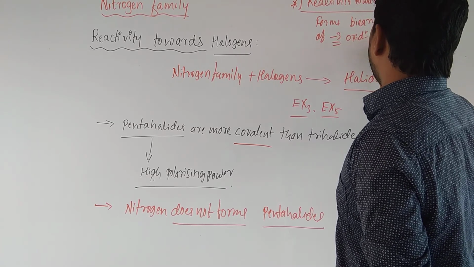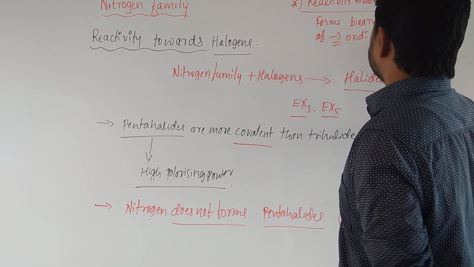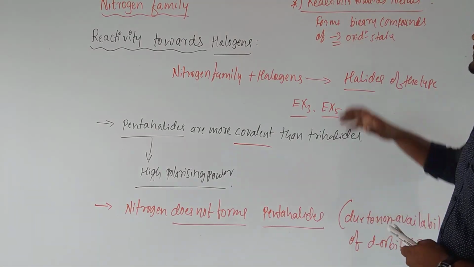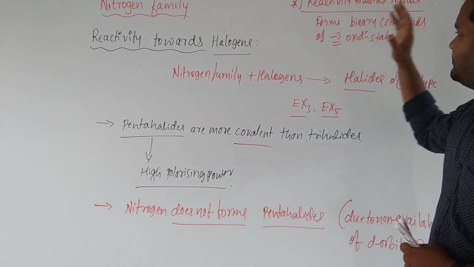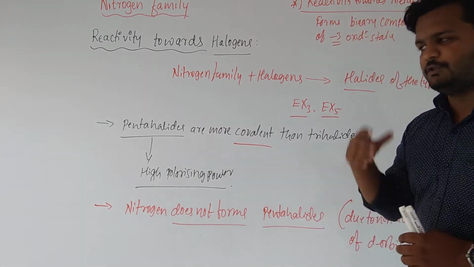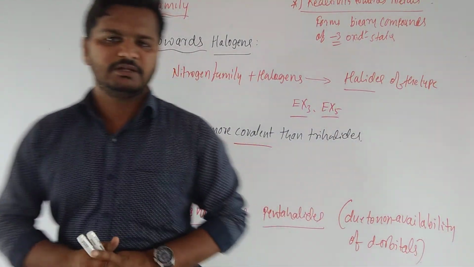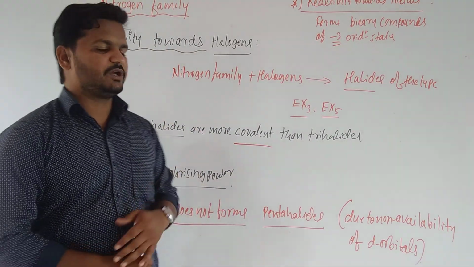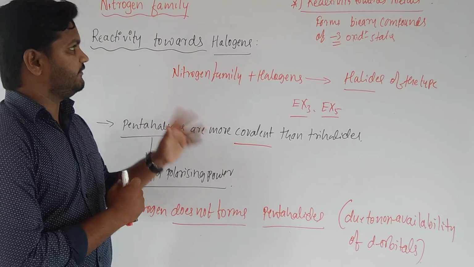When group 15 elements react with a metal to form a binary compound, all those binary compounds contain the -3 oxidation state. Okay, this is about the chemical properties of group 15 elements.